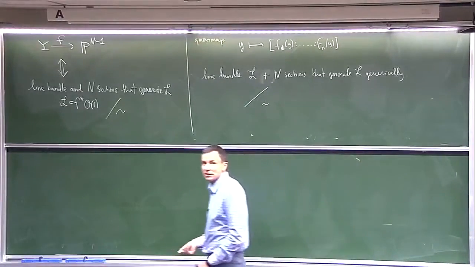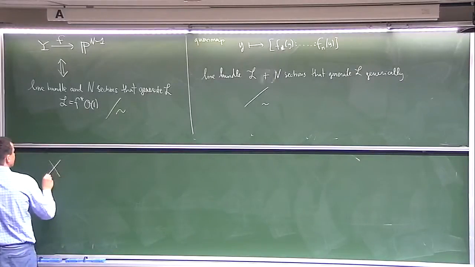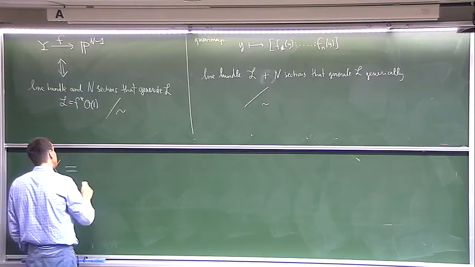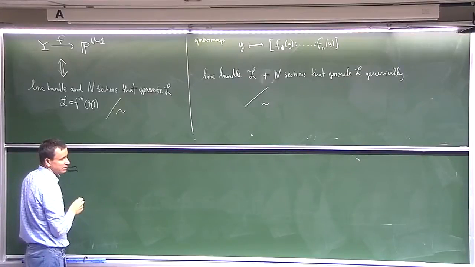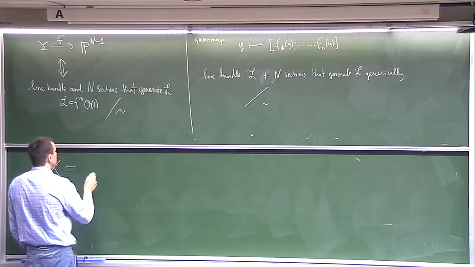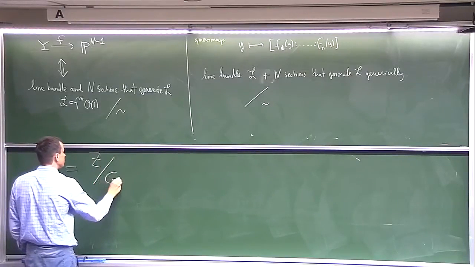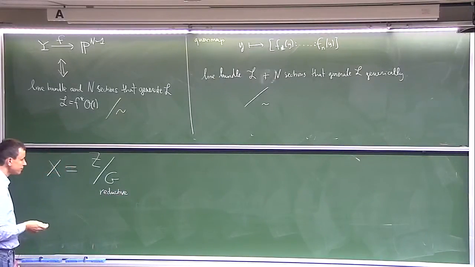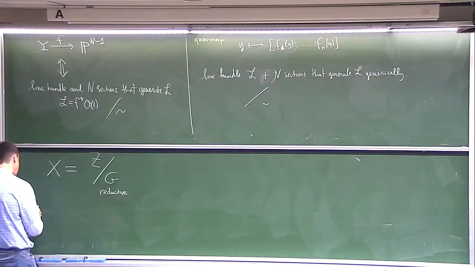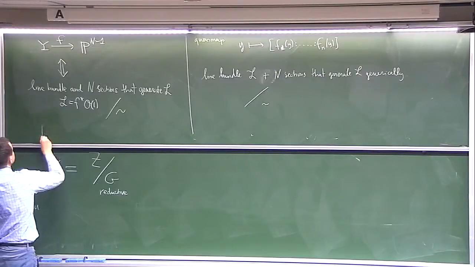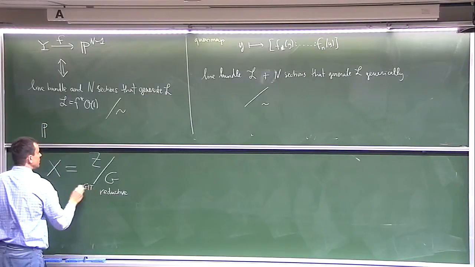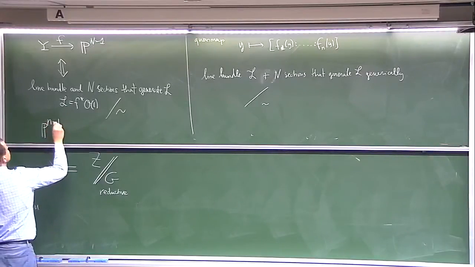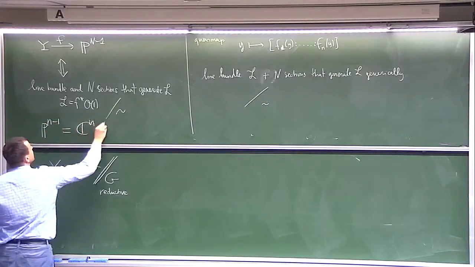So the general notion is, if I have some variety X written as a quotient of some pre-quotient, which doesn't have to be affine, call it Z, modulo a reductive group G. In this case, we think of projective space as a GIT quotient of C^n.